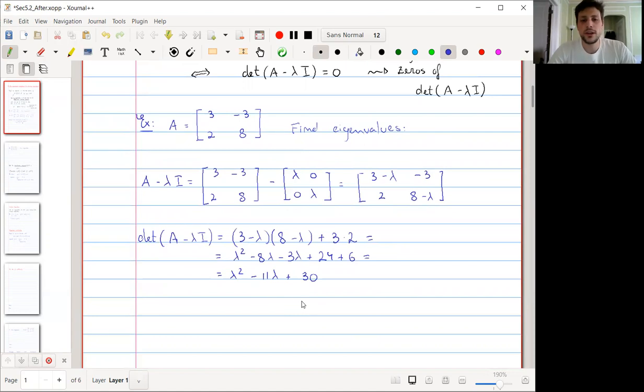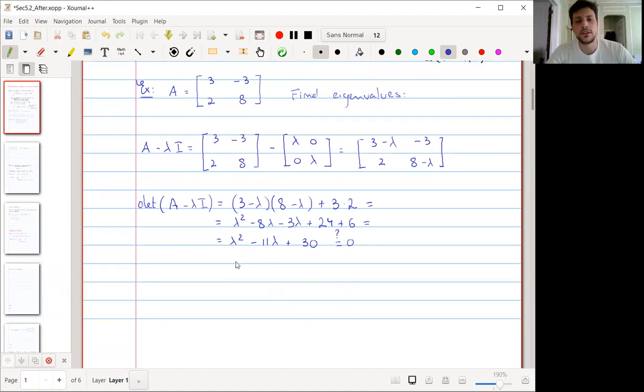Now, we want to ask ourselves the question, for which values of lambda is this equal to 0? In other words, we want to solve this quadratic equation. In this particular case, you can observe that this polynomial actually factors. It factors into lambda minus 5 times lambda minus 6, I believe, because minus 5 minus 6 is minus 11, and minus 5 times minus 6 is 30.